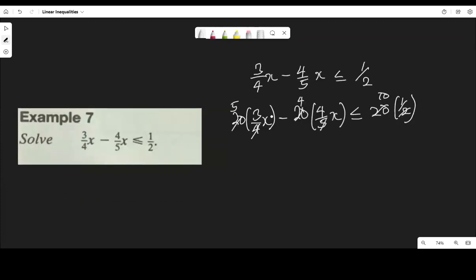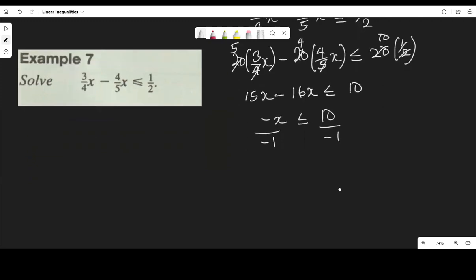Therefore, 5 times 3x is 15x minus 4 times 4x is 16x, less than or equal to 10 times 1 is 10. 15x minus 16x is negative x, less than or equal to 10. Divide both sides by negative 1 to get rid of this negative. And remember that when dividing by a negative sign, we reverse the sign of inequality. So instead of less than or equal to, x becomes greater than or equal to negative 10.